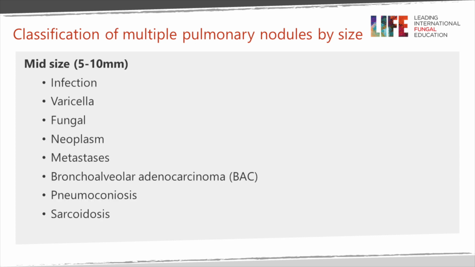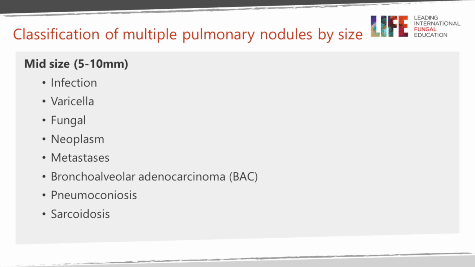Slightly larger nodules, between 5 and 10 millimeters, have got a slightly different differential. Infection includes varicella due to chickenpox, fungal disease, neoplasm, metastases.